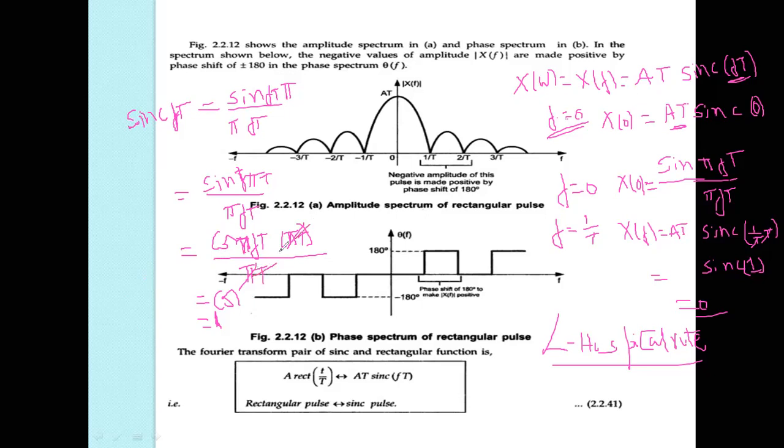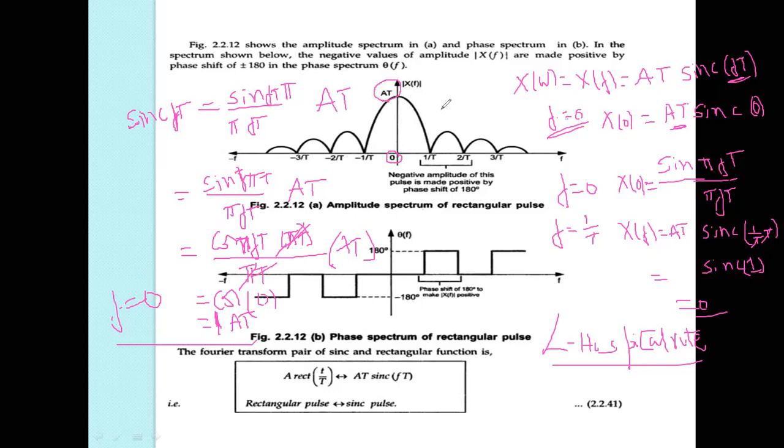So pi t gets cancelled, cos pi ft. So when f is equal to 0, it becomes cos 0. Cos 0 is 1. And it is multiplied with the A, and here also the A, and 1 into A. So at f is equal to 0, the value is A. See here, at f is equal to 0, the maximum value is A.